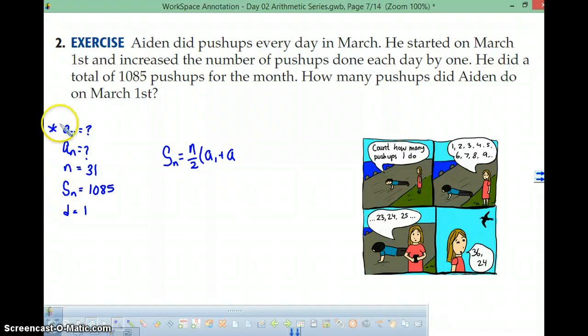We can change this from a sub n to a sub 31, because we know that the 31st one is the last one now, okay? All right, what do we know here? Well, we know that 1,085 is equal to 31 over 2 times a sub 1 plus a sub 31.